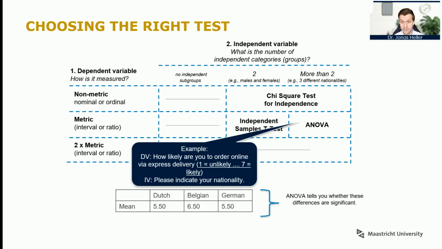So we would probably assume that Belgians are more likely to order online via express delivery, and the ANOVA test will actually tell us if the differences between 6.5 and 5.5 are significant. So to sum it up again, you use an ANOVA if you have more than two groups, and you use an independent sample t-test if you have two groups that you want to compare a metric DV on.